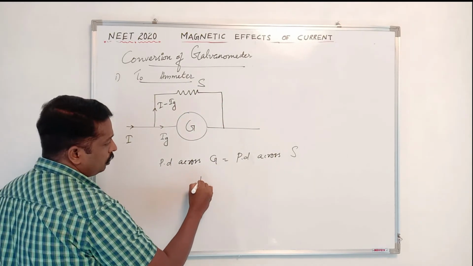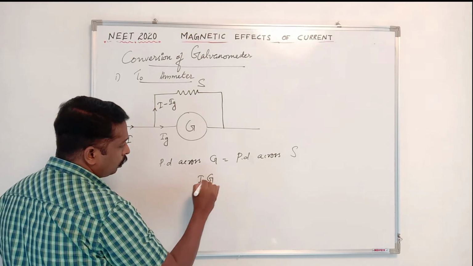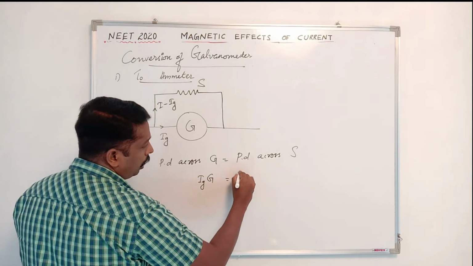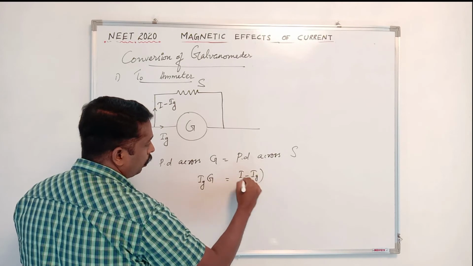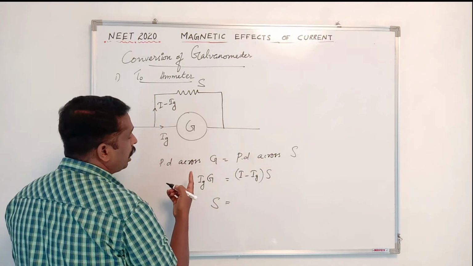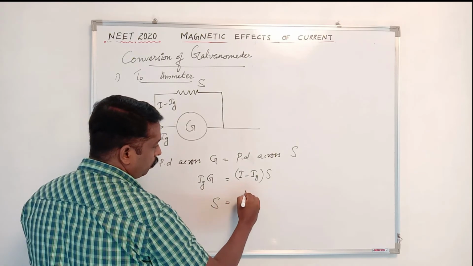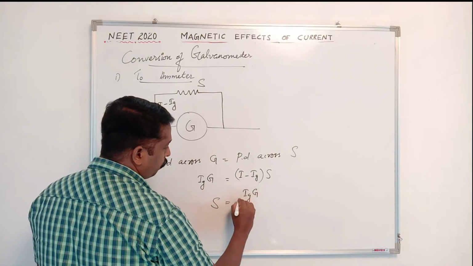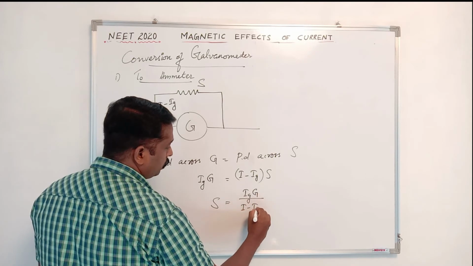Then PD across G is IgG, current into resistance, that's equal to I minus Ig into S. So shunt resistance required to convert a galvanometer to ammeter is S is equal to IgG divided by I minus Ig.